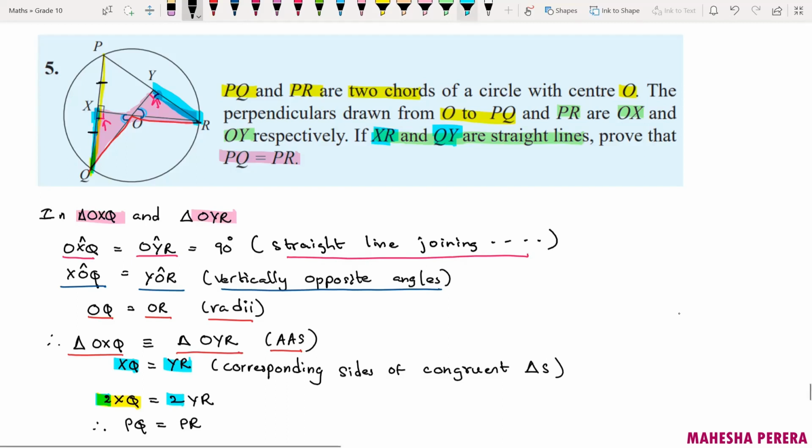Same with the other side. 2YR is PR, right? This chord. And we know that these two sides are equal. That's why we say 2YR equals PR. Right? So both chords are equal.